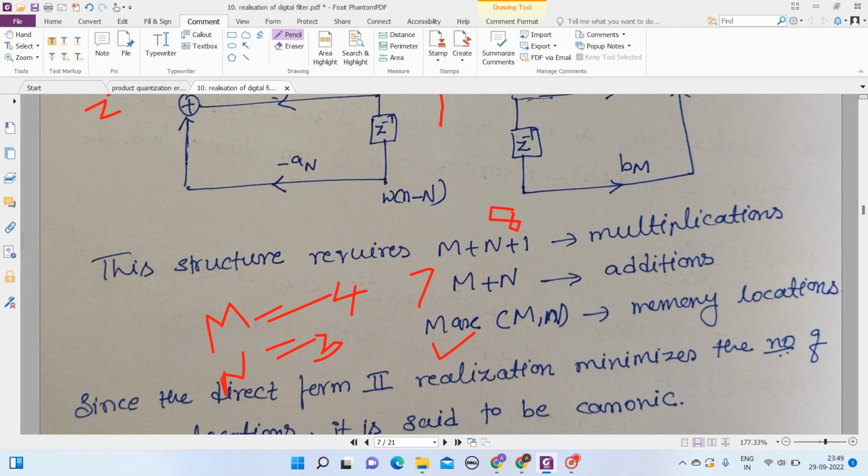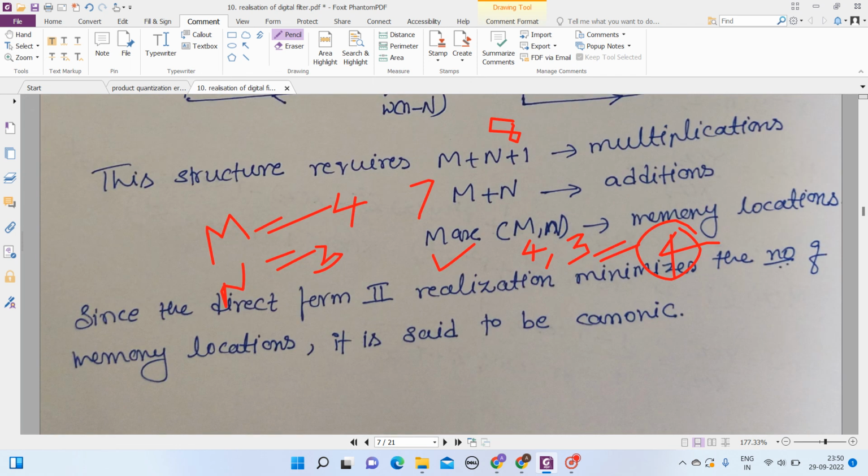Here maximum of 4 comma 3, so I need only 4 memory locations, but in the direct form 1 structure I need 8 memory locations. In the direct form 2 structure I need only 4 memory locations based on this condition, maximum of m comma n. In the direct form 2 realization, minimizing the number of memory locations is said to be canonic.